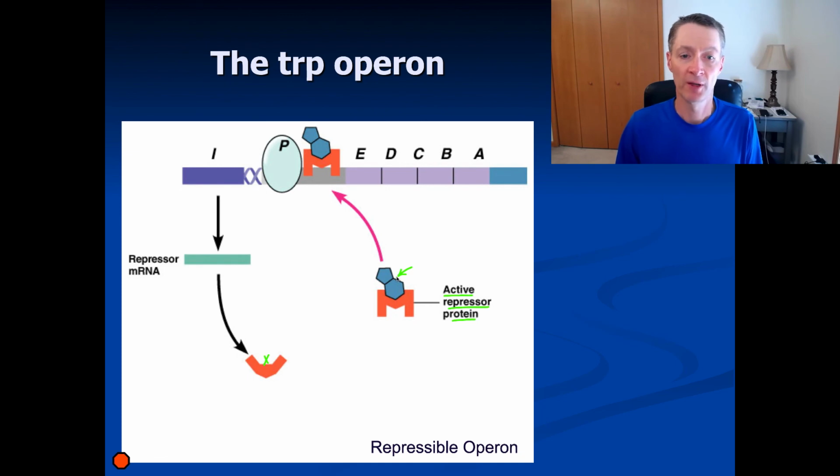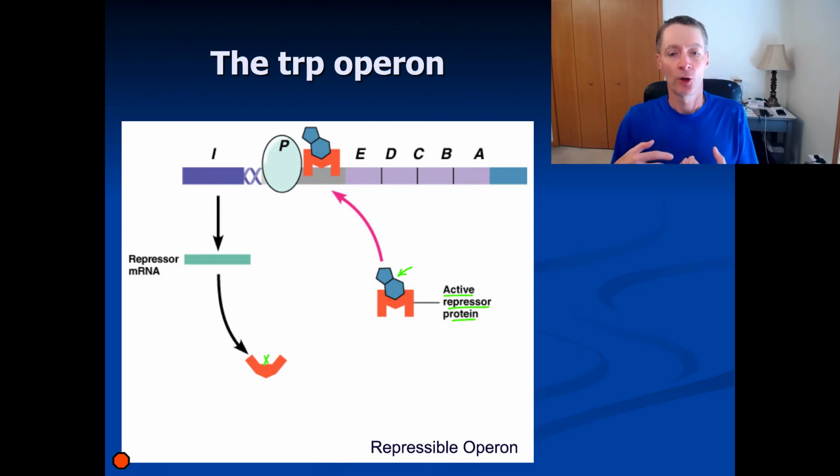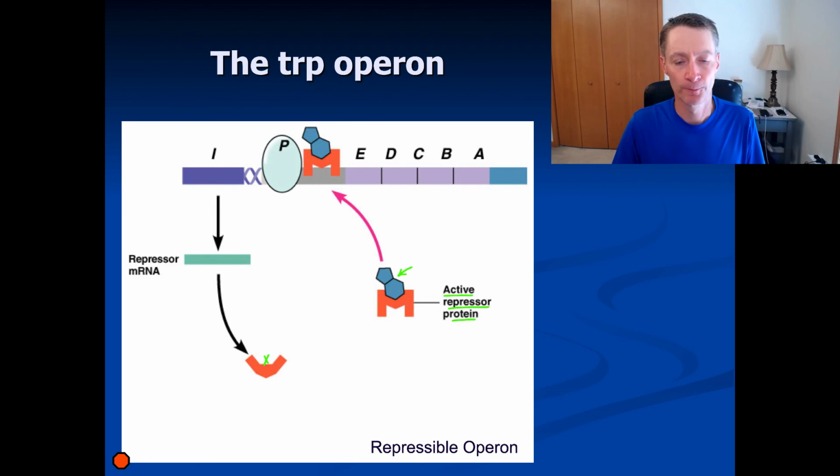Now, when there's a lot of tryptophan around, this active repressor protein is going to block the reading of these genes. Now, this makes perfect sense, right? If there's a lot of tryptophan around, why should I make any, right? So this active repressor protein being triggered by the tryptophan is a perfect situation, right? Does exactly what we want it to do.